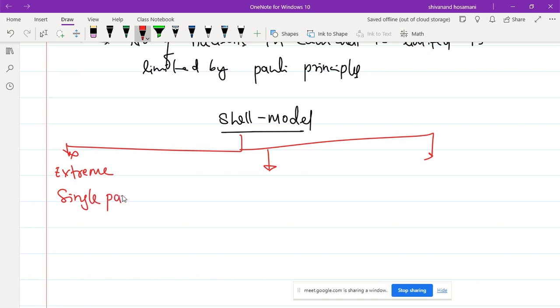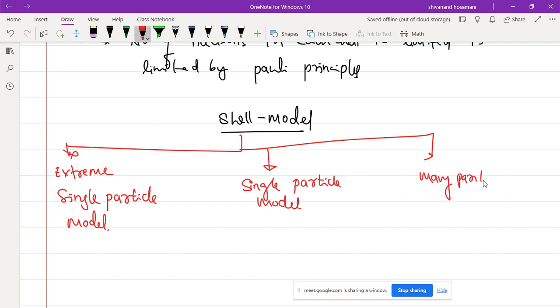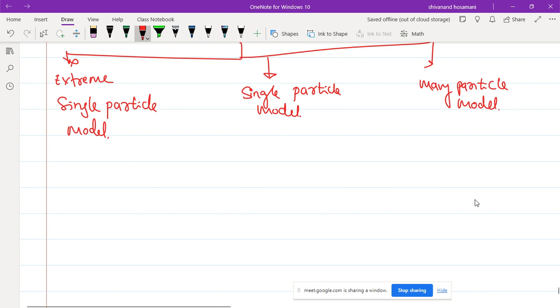Another one is just single particle model. And third one is many particle model. Here in the single particle model, the nucleus is equivalent to a filled shells core.